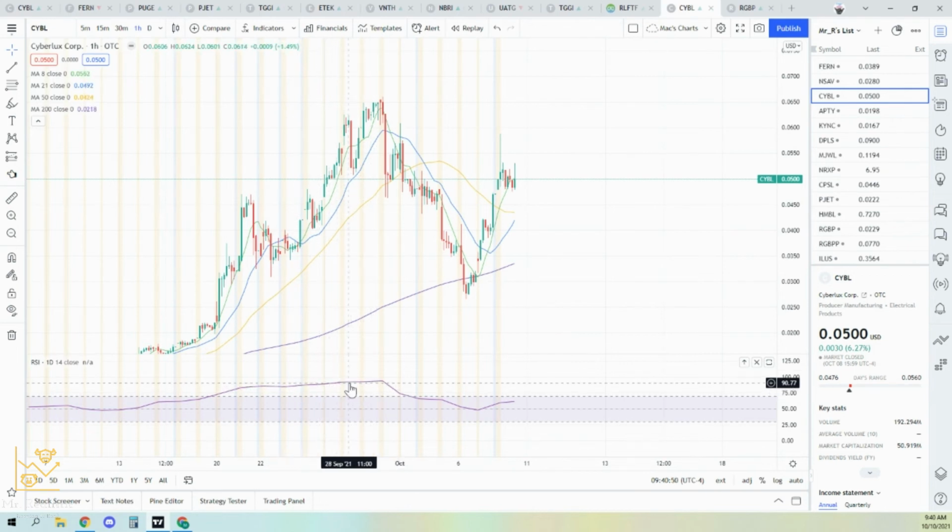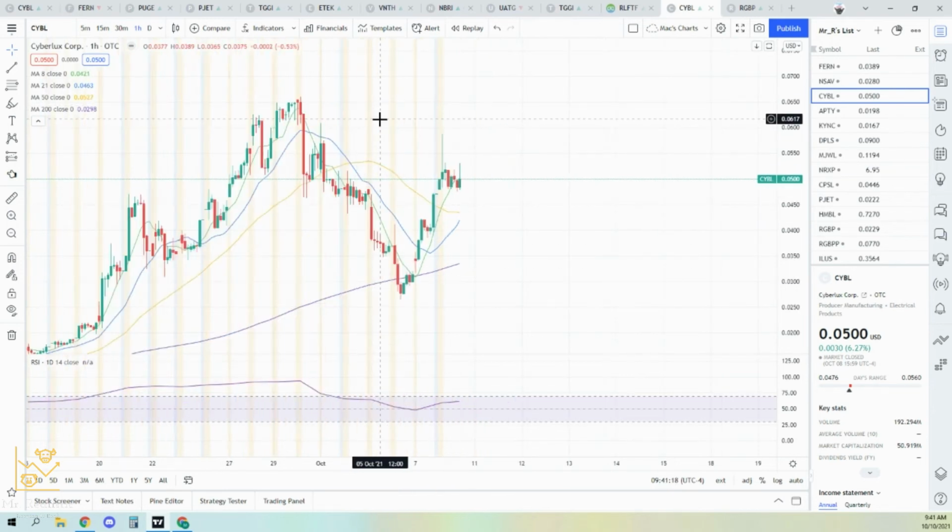If it's holding this for a while and it's not breaking up above this line right here and holding, it's going to plummet because it doesn't have any more gas in the tank. It's like a car trying to go up a hill, all right? And it's stuck and it can't keep going. And eventually it's going to run out of gas and fall backwards and fall down. And that's where you exit right there and you wait until we get an indication next to buy.